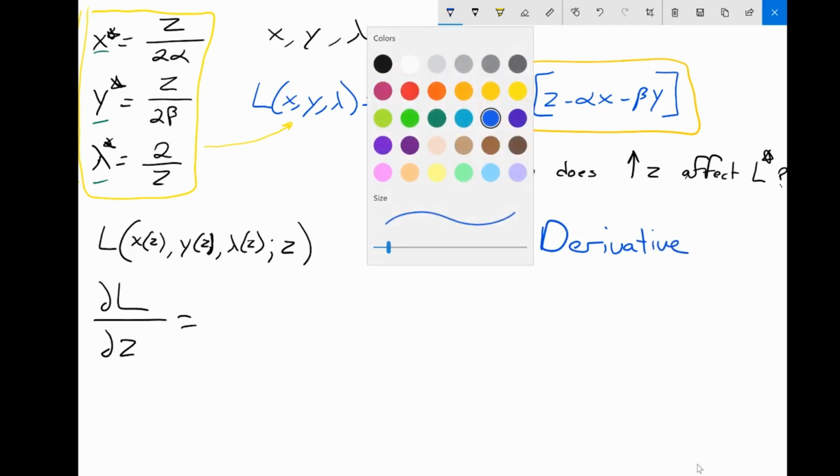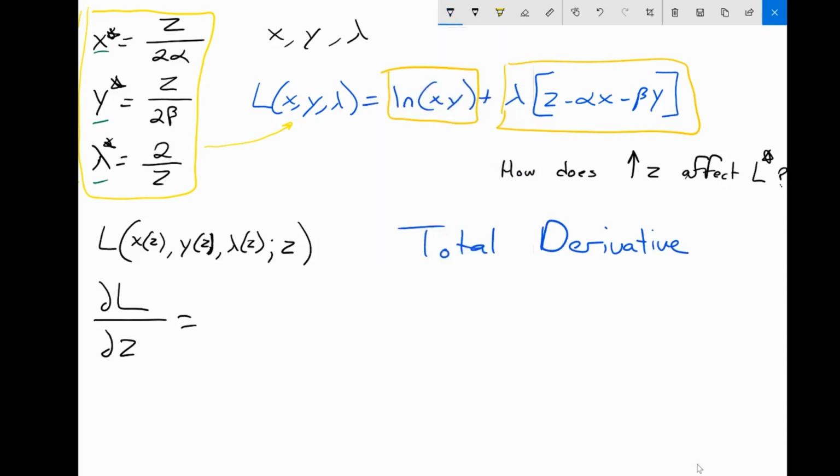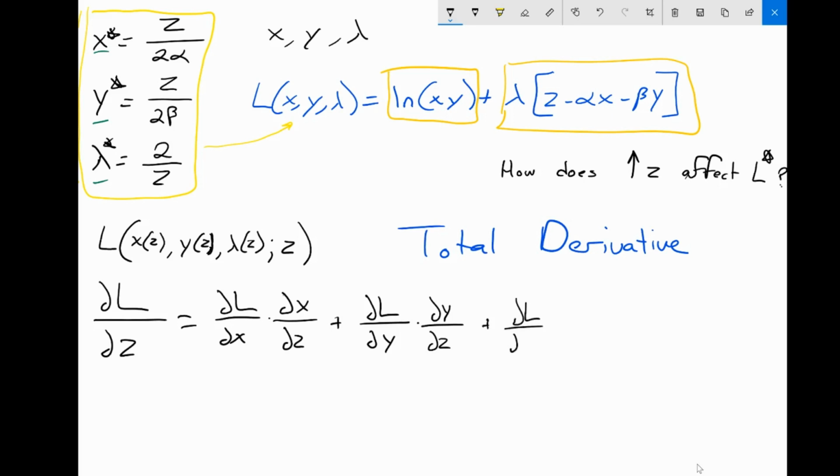So let's do that. It's the derivative of L with respect to x, so use the chain rule, times the derivative of x with respect to z, plus the derivative of L with respect to y times the derivative of y with respect to z, plus the derivative of L with respect to lambda times the derivative of lambda with respect to z, plus the derivative of L with respect to z directly.